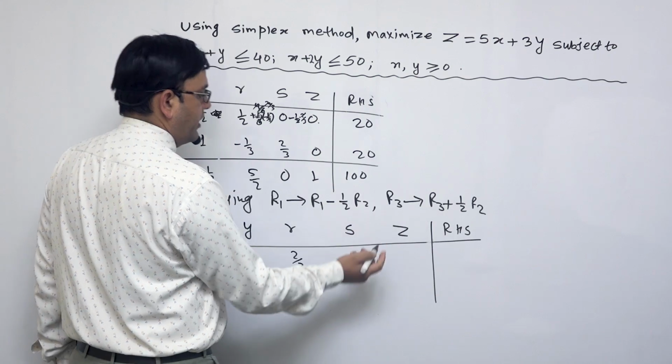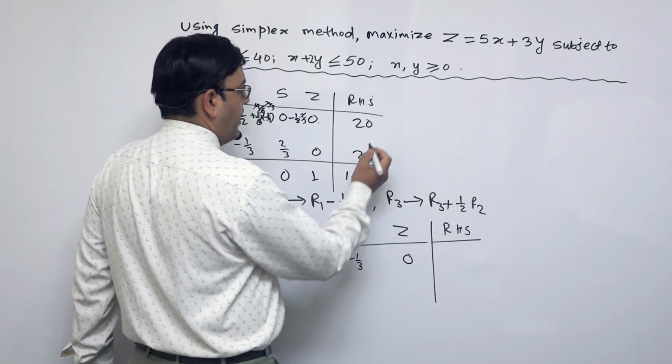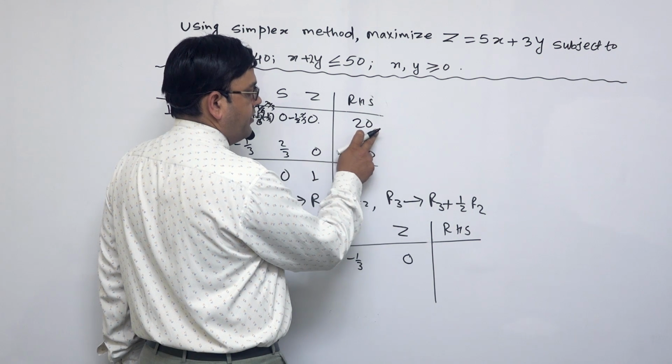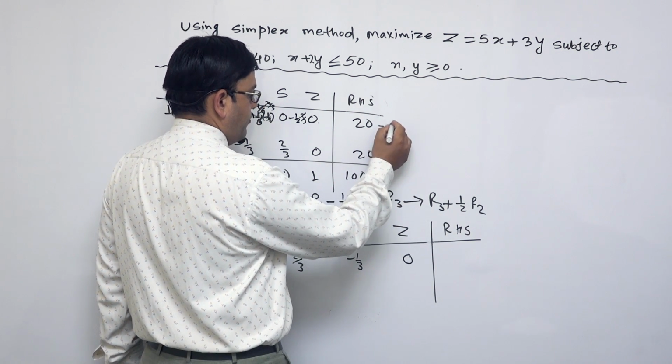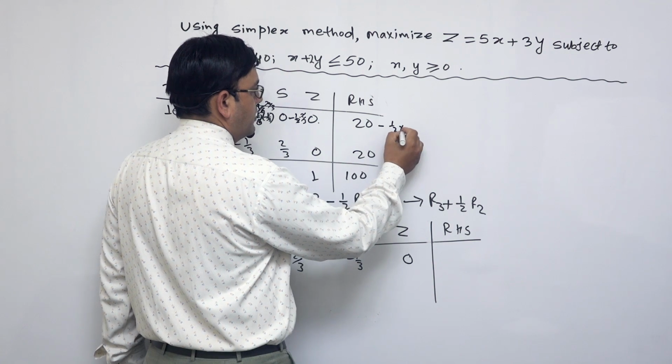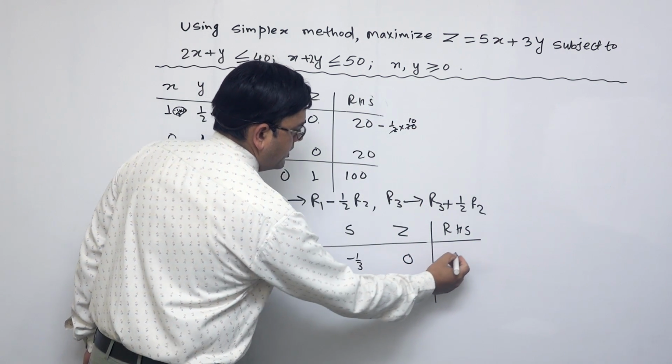So 0 minus again 0 is 0. Now we have here another one. This is 20. So R1 minus 1 by 2 R2 is again 20. So this 10 times it cuts. So 20 minus 10 is 10.